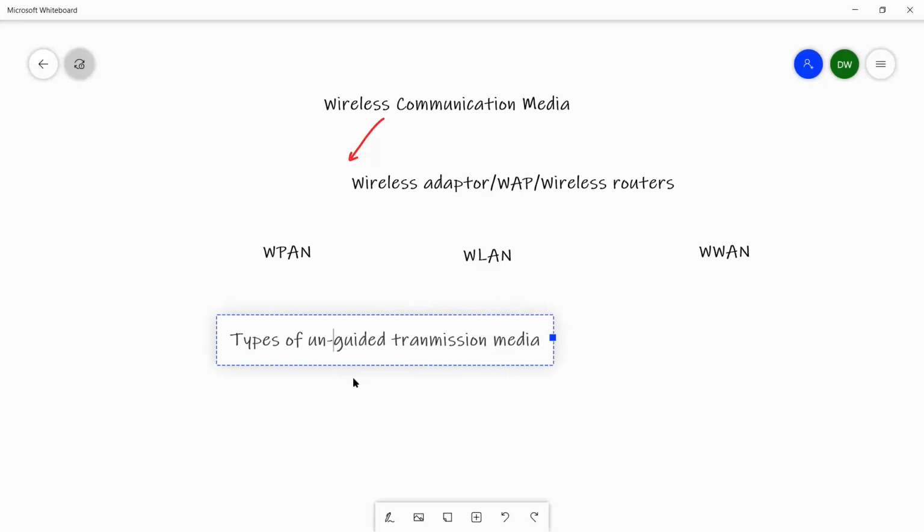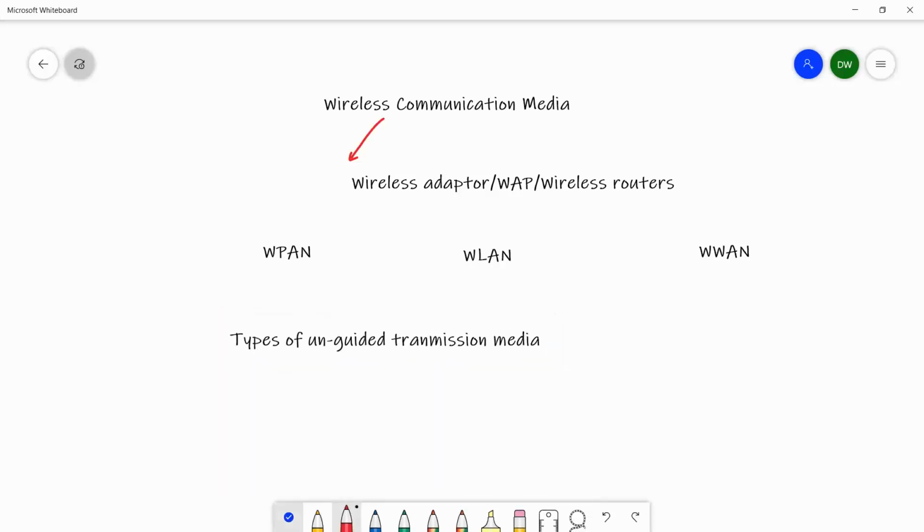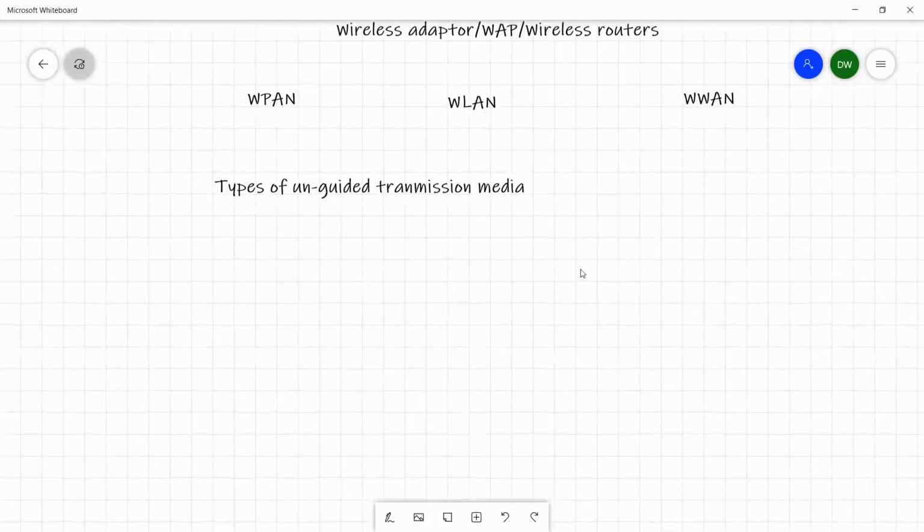So we can have a number of wireless or unguided transmission media.